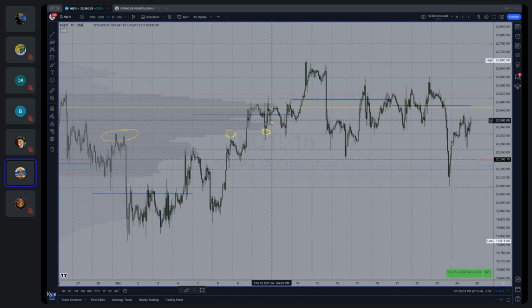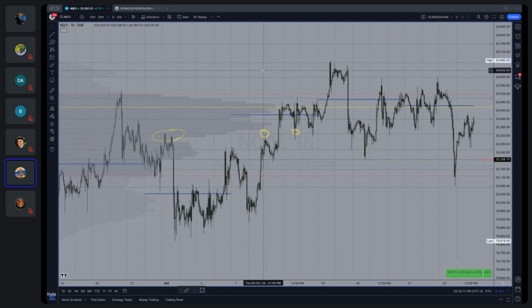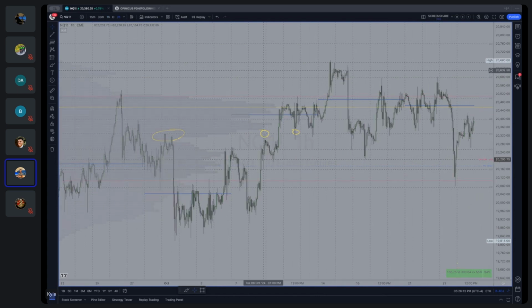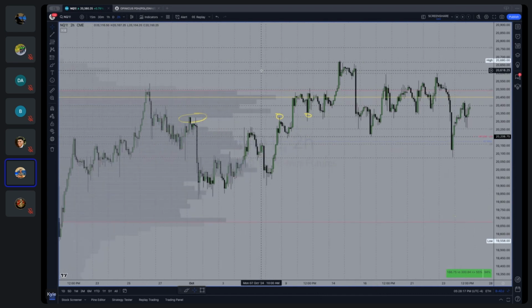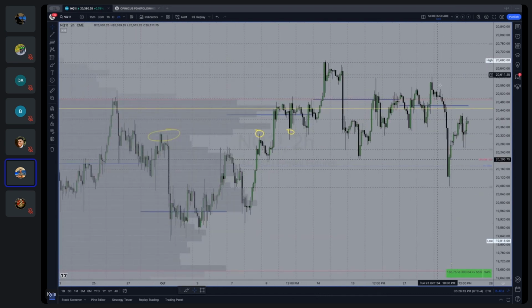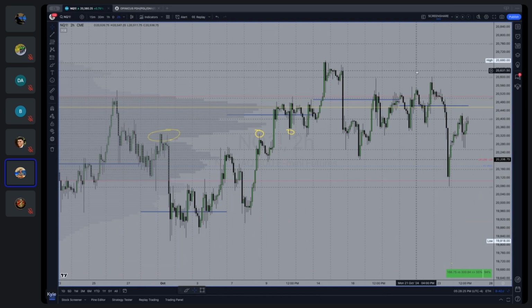The psychological levels are definitely legit, just based on human nature. If you find too much noise on the 30, the best thing I could say is zoom out, get on the hourly, get on the 2 hour. What we're really looking for is areas where price is responding repeatedly, not just one time. One time may be significant for the next session or whatever.